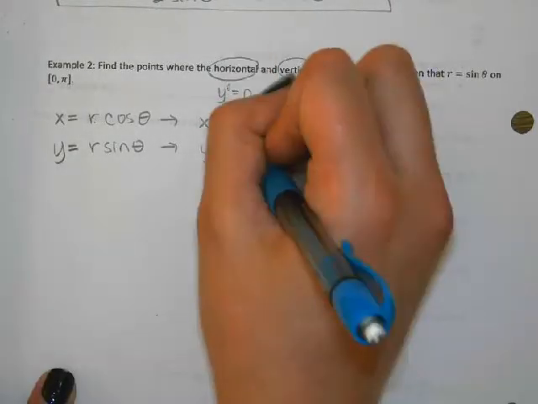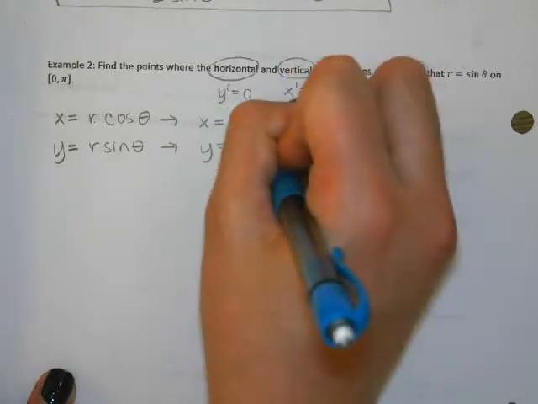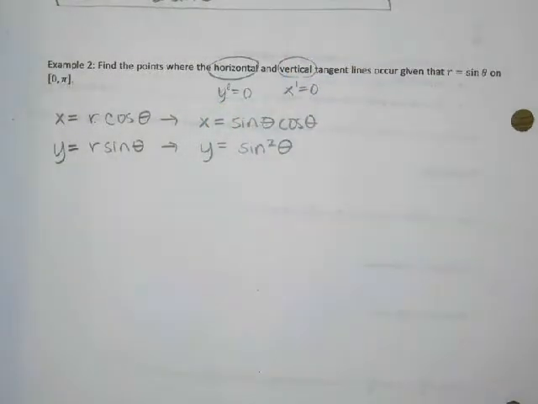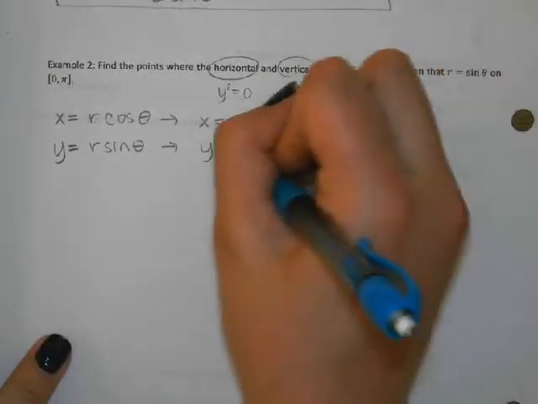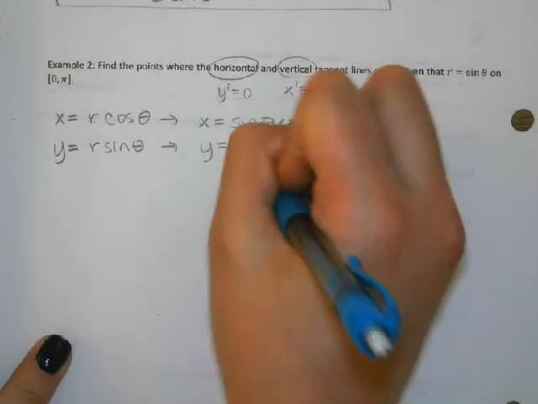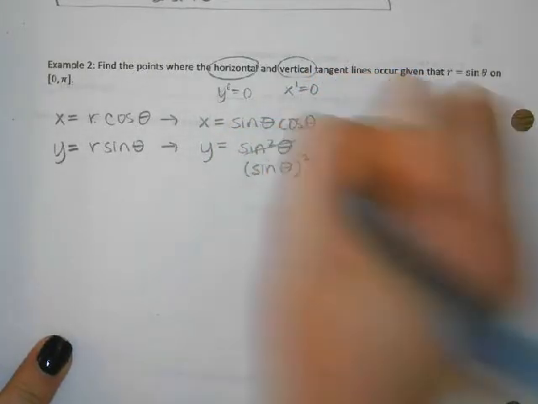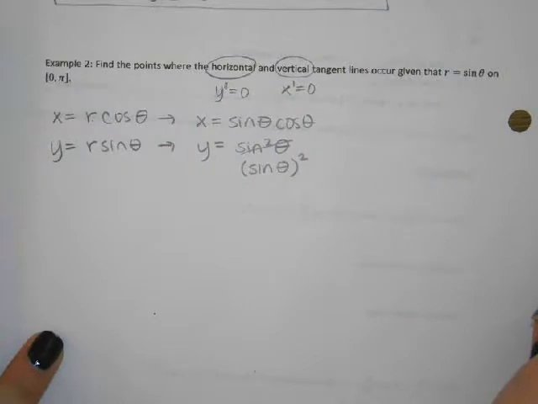Sine theta times sine theta, so I'm going to call that sine squared. If you want to make it easier to take the derivative, you can think of this as sine theta on the inside and squared on the outside.